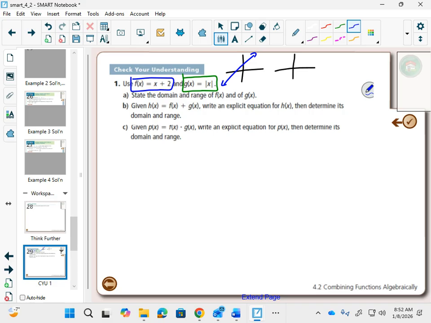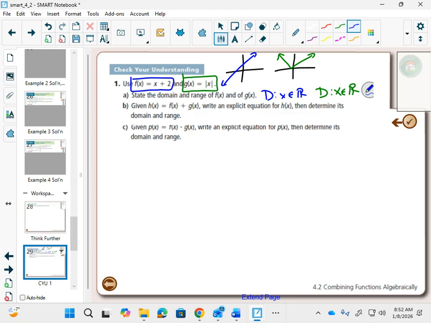Absolute value of x. This goes back to our very first unit. There's our absolute value of x graph. So we want to have a picture of it because from that picture, can you see that the domain of f of x is everything, and the domain of g of x is everything? And our graphs give us that right away.